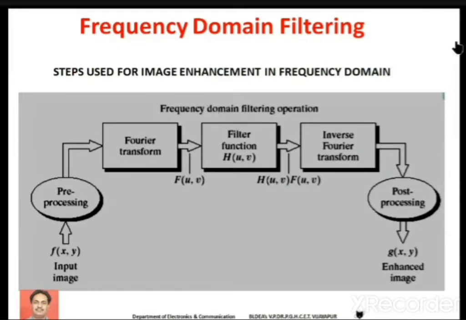Here we get some output, which we assume is G of u comma v. G of u comma v is the result of H of u comma v times F of u comma v. Now this G of u comma v is in the frequency domain, right?